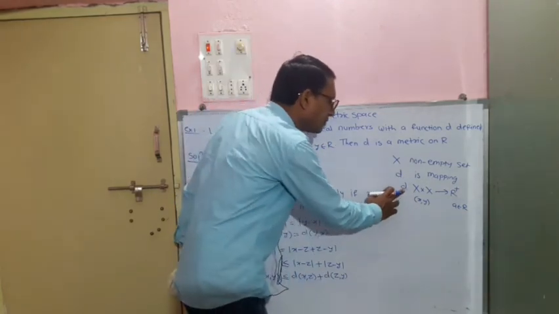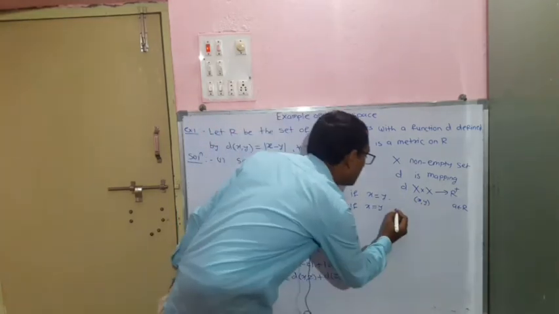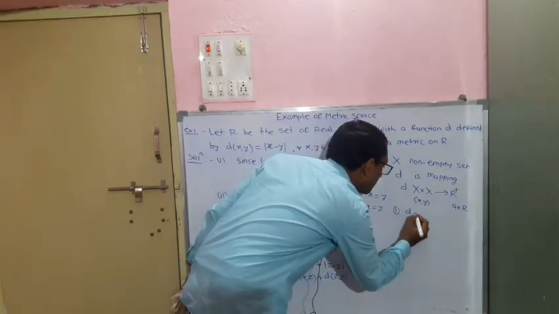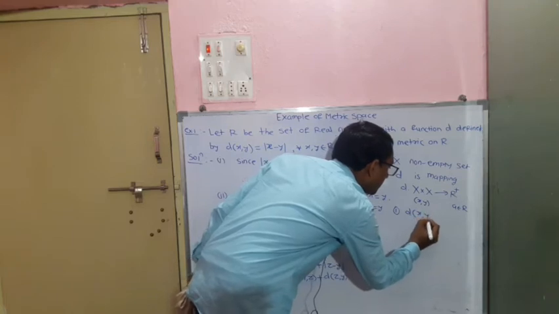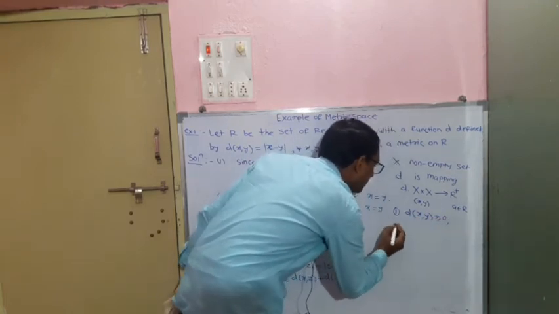So if this mapping satisfies the 4 conditions: the first condition is non-negativity, that is, the distance between X and Y should be greater than or equal to 0.